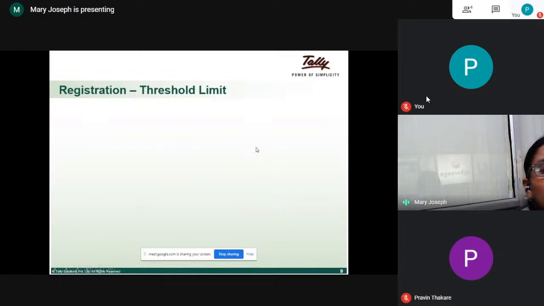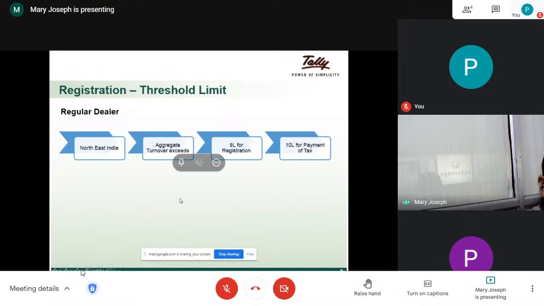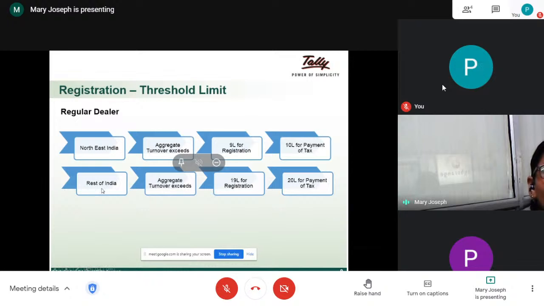Registration threshold limits. What are they for the regular dealer? For the regular dealer all over India, in Northeast India, aggregate turnover exceeds 9 lakh for registration and 10 lakh for the payment. Next is the rest of India.